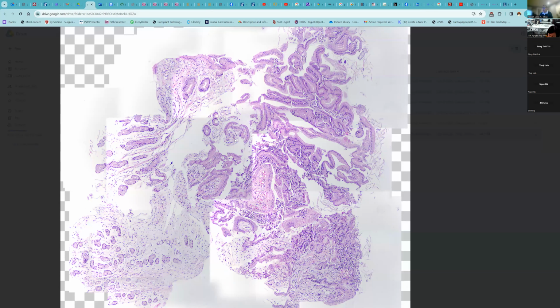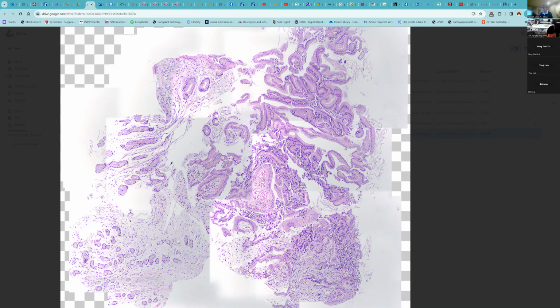Sometimes in these polyps, you will see epithelial atypia with loss of cytoplasmic mucin and a little bit more atypical appearance. But in my experience, those do not prove to be pre-malignant.